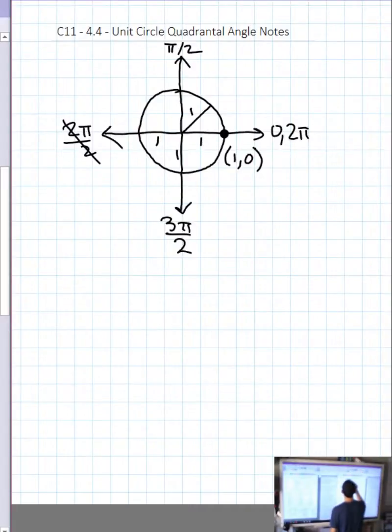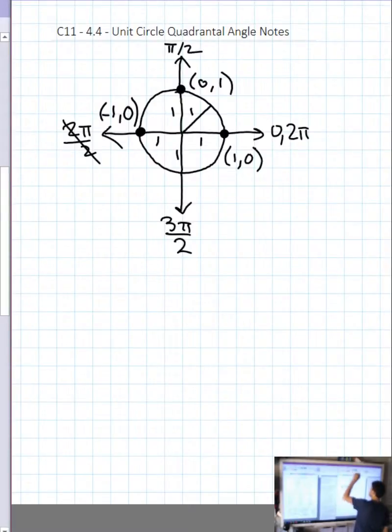And the point at the top, if I have an x value of 0 and a radius of 1, I'll have a y value of 1. And a point on the left, an x value of -1 and a y value of 0, the radius of 1 going in the other direction. And then if I have a point down here, it means that I have an x value of 0 and a y value of -1.